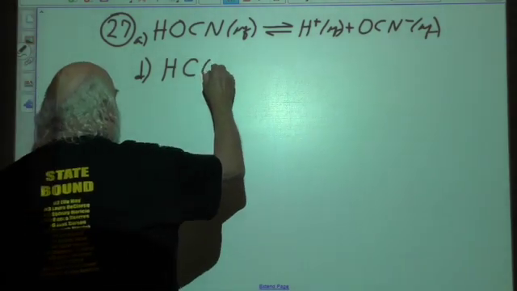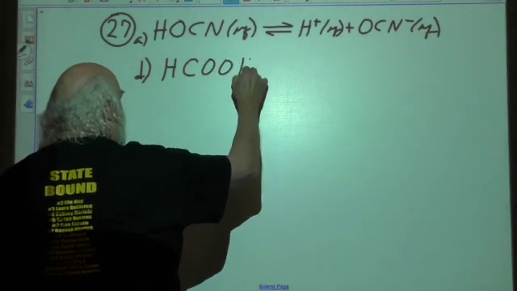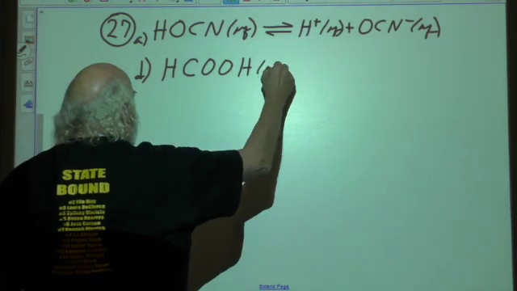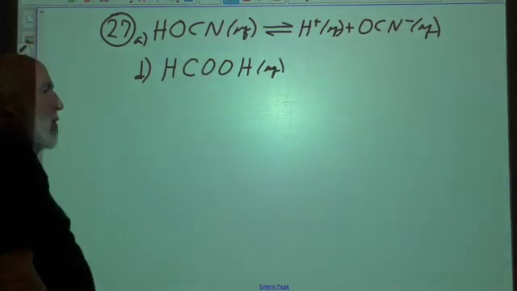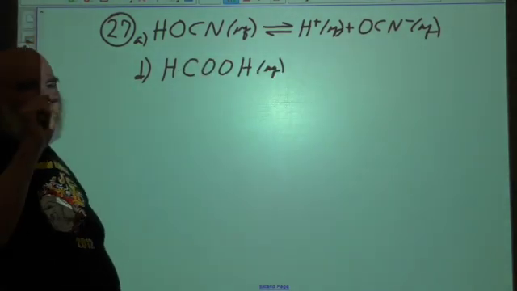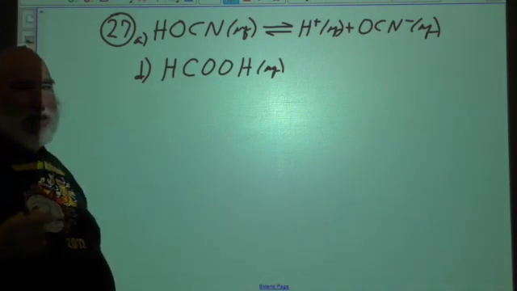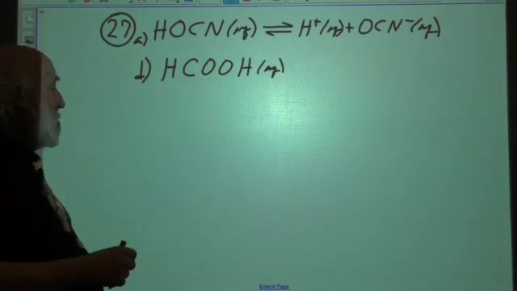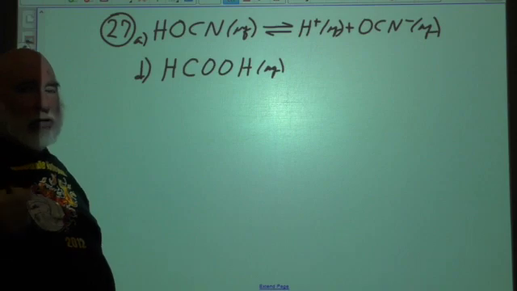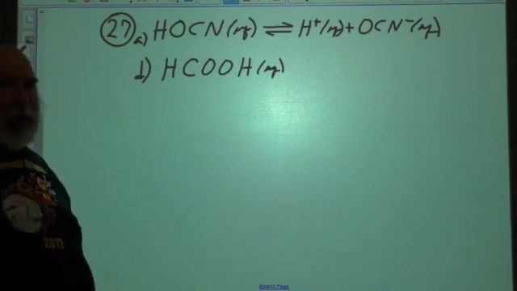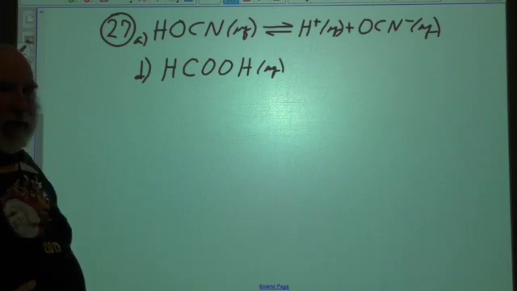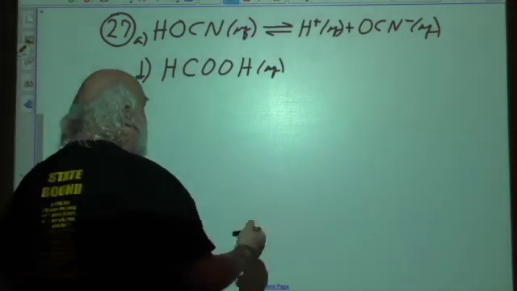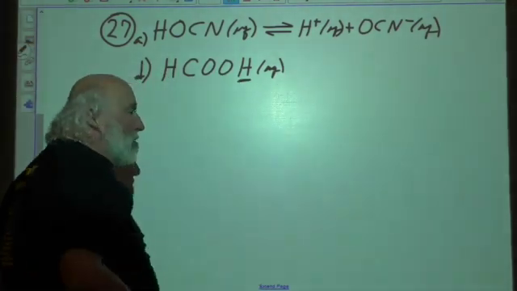I'm going to write it out because that's how you write out formic acid. If you write it down the other way, that's fine. But the reason why I do it this way is because it emphasizes which is the acidic hydrogen. Remember, the acidic hydrogen is the hydrogen that is bonding to the oxygen. It's the one that comes off semi-freely. It's not completely freely. But this is the acidic hydrogen right here.